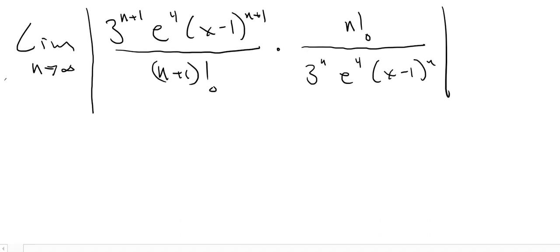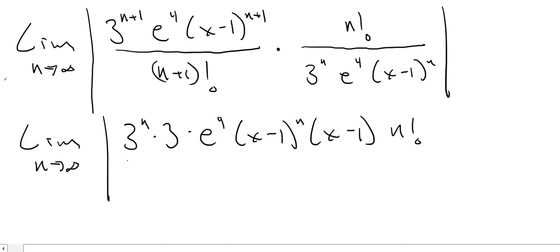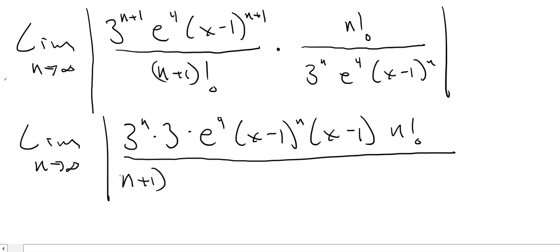The next step is to simplify it. So some of these terms can be simplified. 3 to the n plus 1 can be rewritten as 3 to the n times 3, and then times the e to the 4th. x minus 1 to the n plus 1 can be written as x minus 1 to the n times x minus 1, and then the n factorial from the second fraction, put it all over one big fraction now. And then n plus 1 factorial, I'm going to break that down into n plus 1 times n factorial.